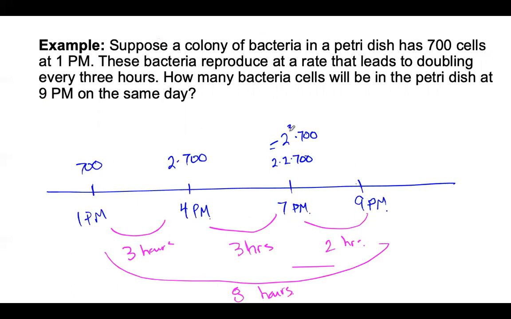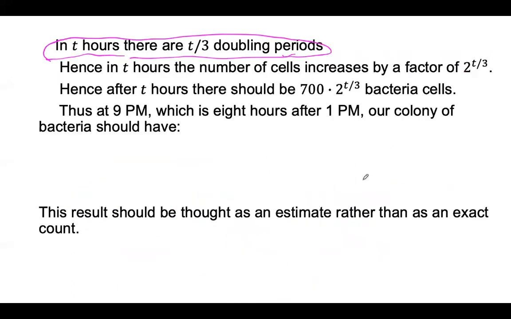Here it's perfect, like at 7 p.m. it's perfect, but here it's not. So it's going to be that factor of whatever the time is divided by 3. So after T hours, there should be this many bacteria cells.